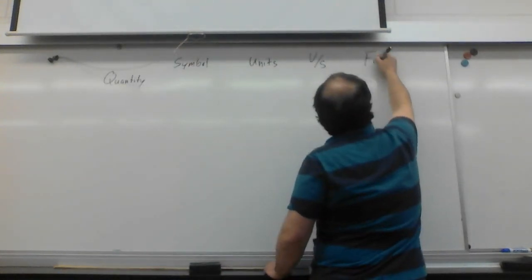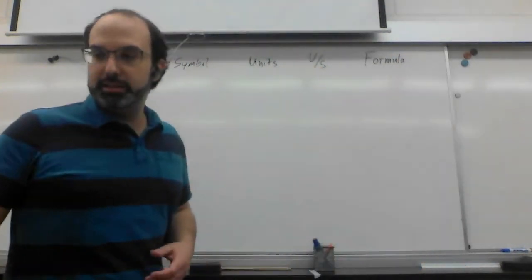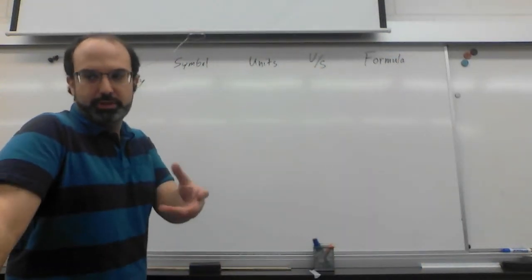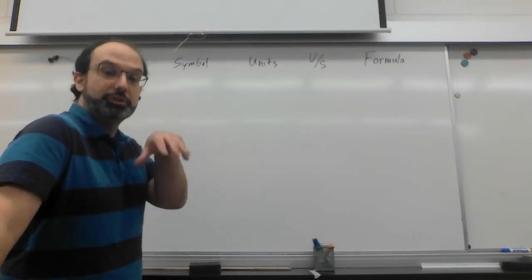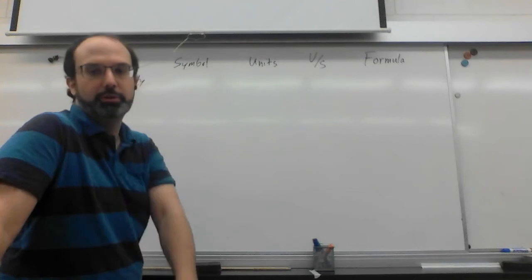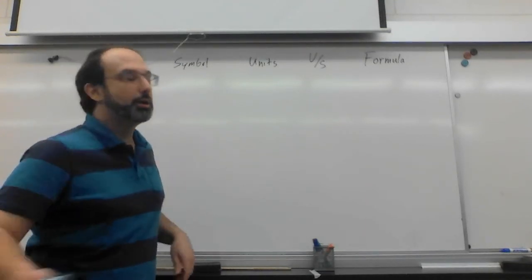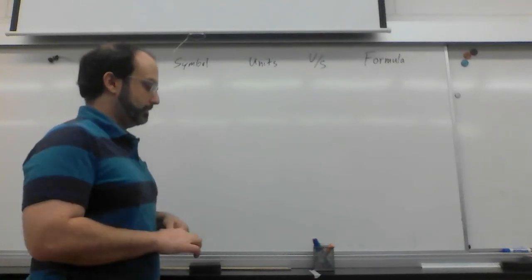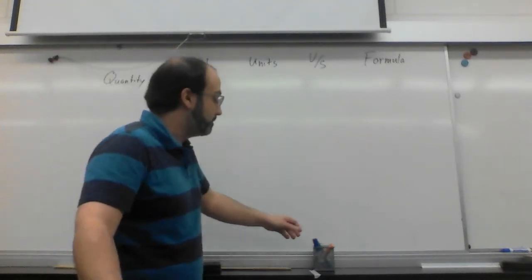Now, a lot of these we're going to fill in, especially the formulas. We'll fill those in later. But think of this as like a little cheat sheet. You can look here, boom, it's all in one place. So we're going to fill in some of these formulas. We'll probably come back and do those later. You can, of course, look ahead. They're in your booklet, so there's nothing stopping you from doing it.